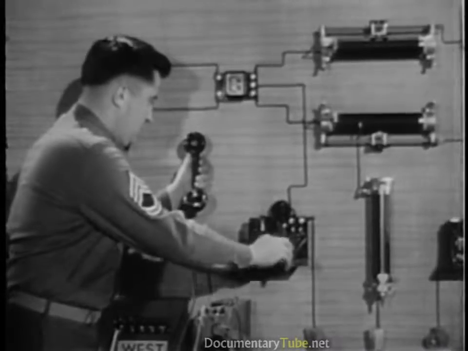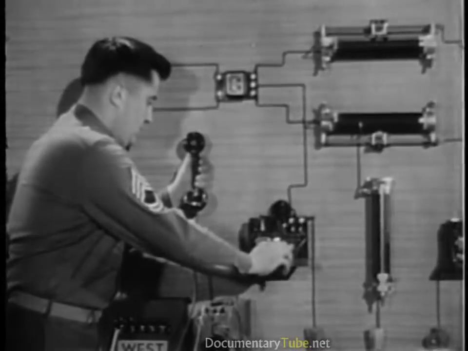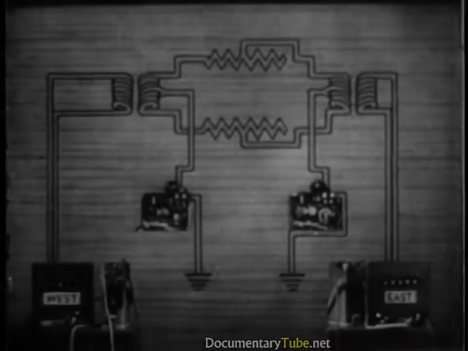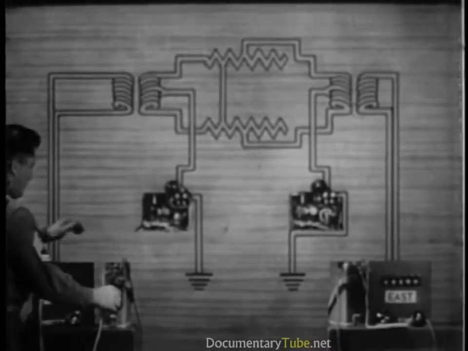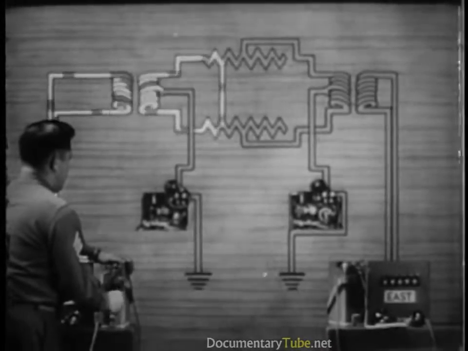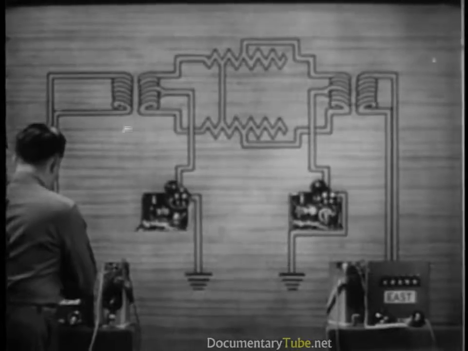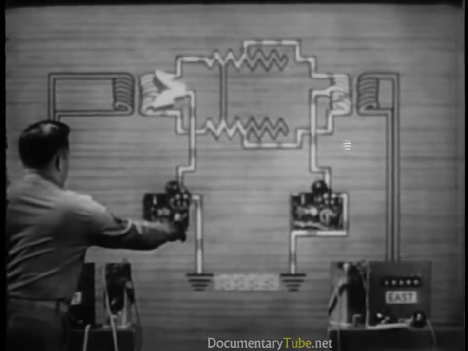So much for the simplex. Here is what we have seen so far. When the line is shorted, the telephone channel's no good. But the telegraph channel's as good as ever.